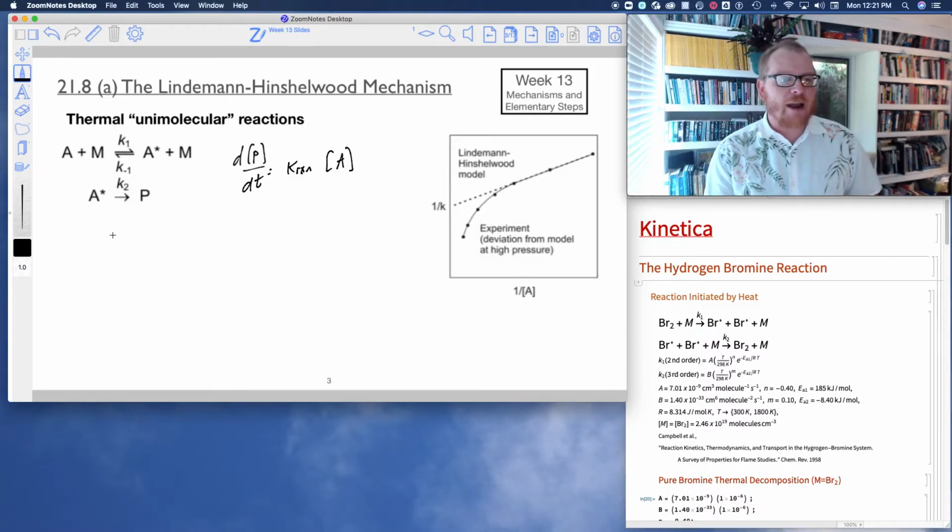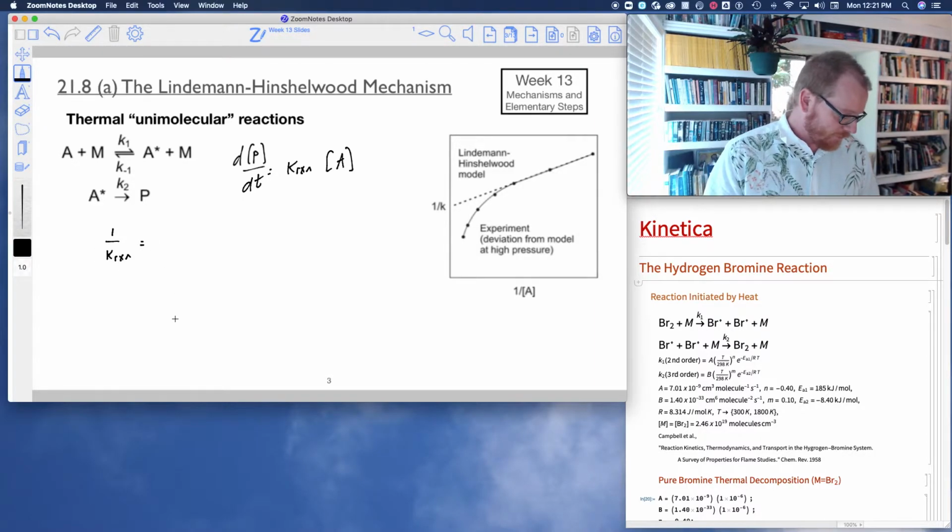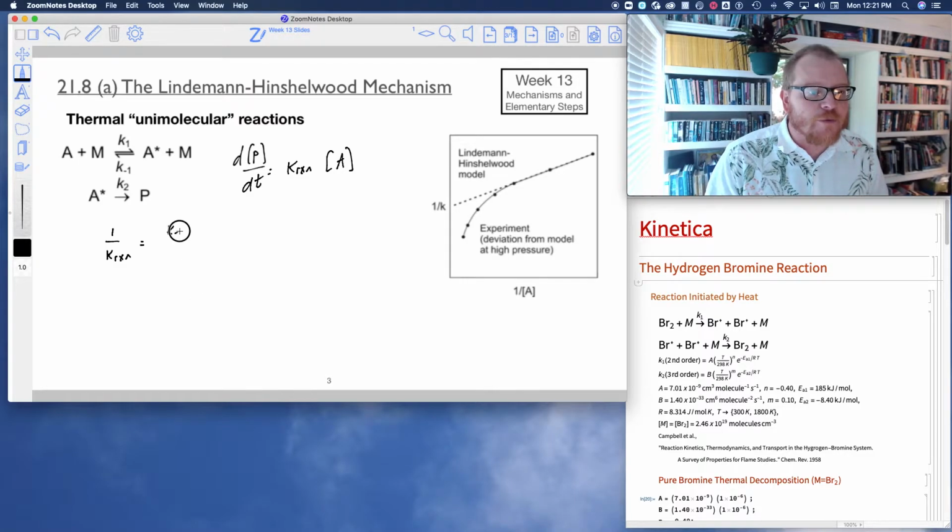I'm not going to make you do this algebra, but I'll just write it for you. If I write 1 over K reaction, that ends up equaling the following: K minus 1 over K1 times K2 plus 1 over K1 times M.